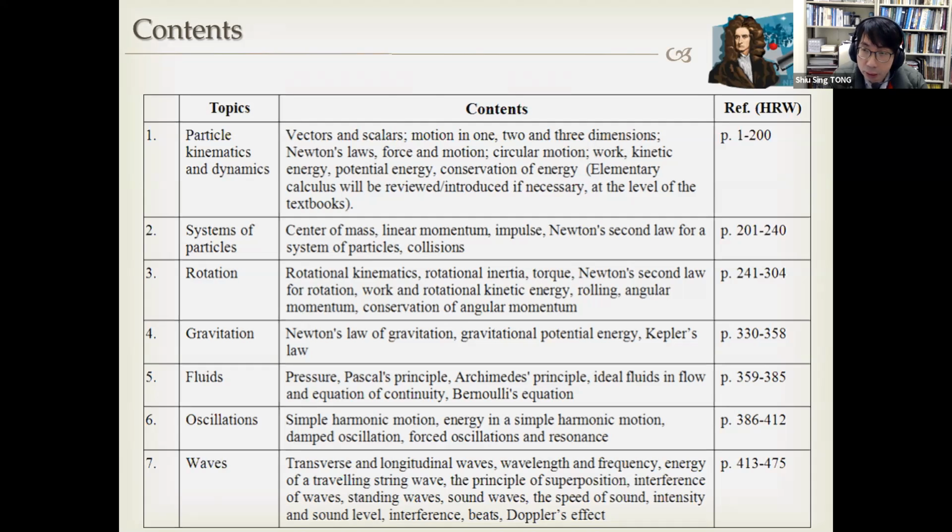And topic 6 is also new to you. It's on oscillation. We first talk about simple oscillation called simple harmonic motion, and also discuss energy in oscillation. And we introduce a damping force such that the oscillation slowly dies down, and that's called damped oscillation.